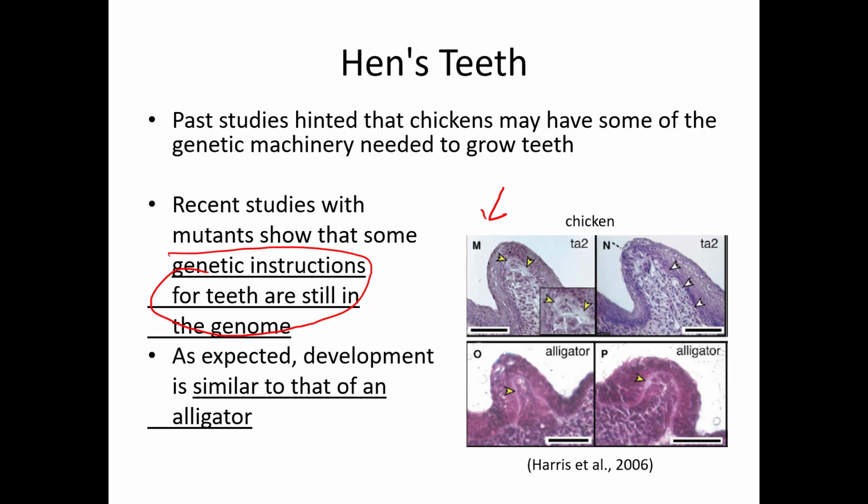Here we can see those teeth that have developed in a baby chick, here, a chicken. And they look almost exactly the same as the way teeth develop in an alligator. So we can see that the genes for teeth are homologous in chickens and alligators, and that when they do develop in birds, they have the same morphology, the same shape, the same look as the teeth in alligators. So those are clues that chickens and alligators really do share a common ancestor. Pretty cool.